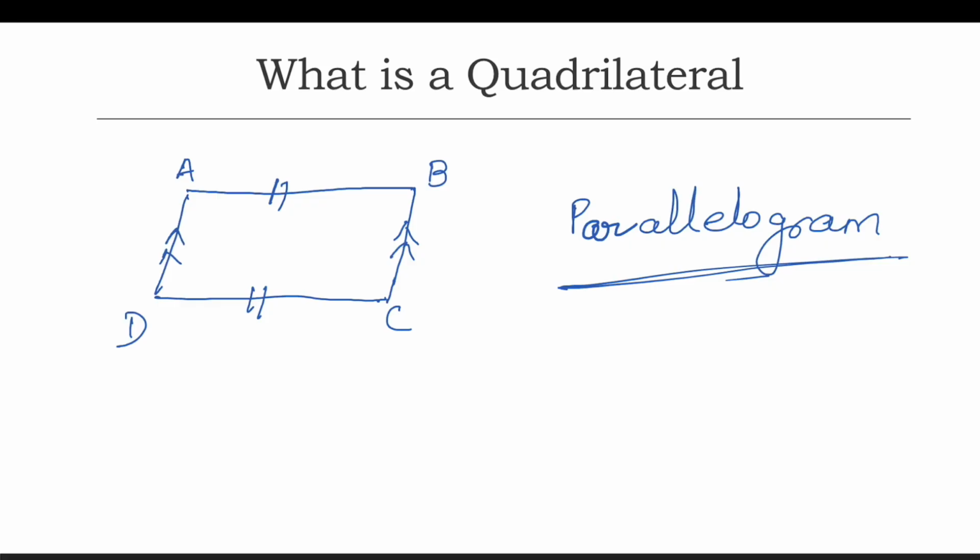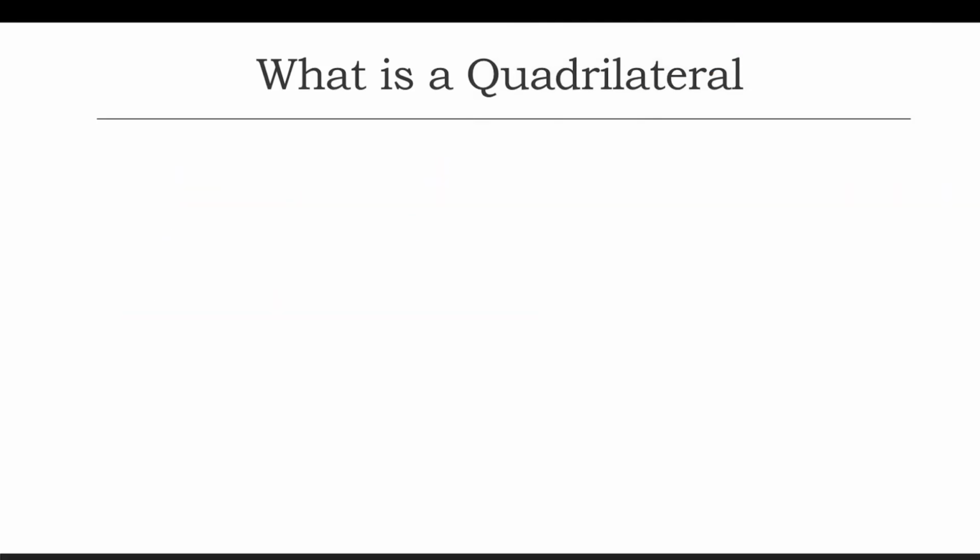If the opposite sides are parallel, this is called a parallelogram. Now, from parallelogram, multiple types of special quadrilateral might come out. In all those quadrilaterals, the opposite sides will be parallel to each other. But in addition to that, there would be some other special properties.